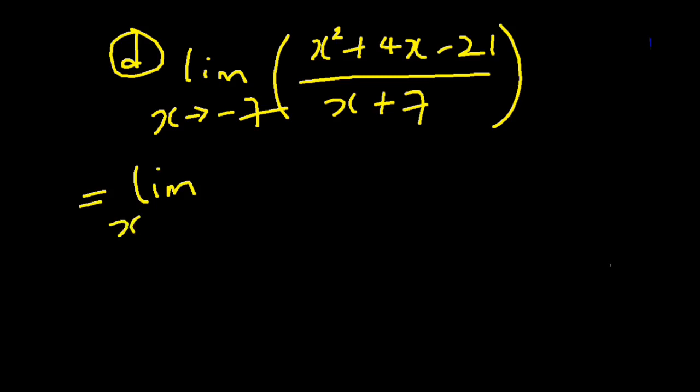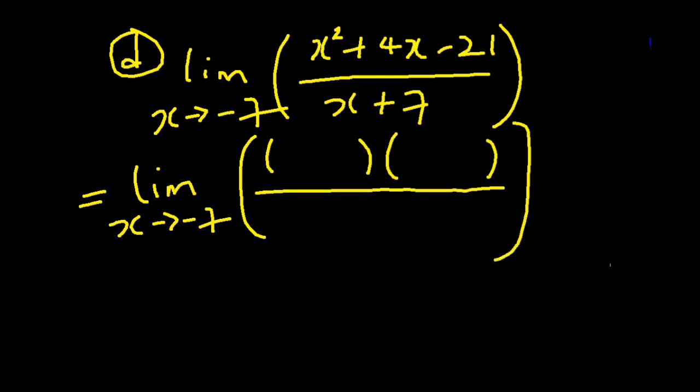So we have the limit when x tends to minus 7, now like we saw the other one, open 2 brackets. Now the product is 21, and each factor is 7 and 3, and the sum must be equal to plus 4. So we have plus 7 and minus 3.